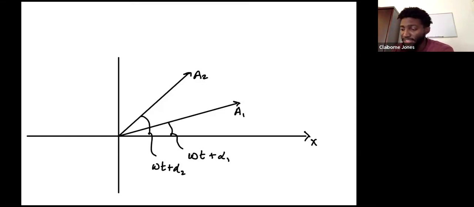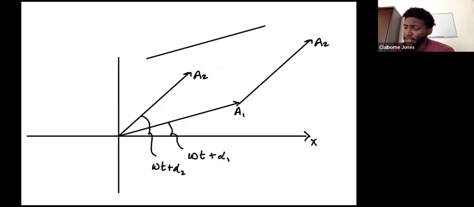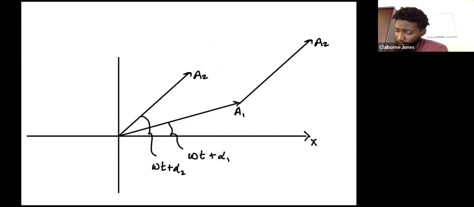From your classical mechanics class, you probably remember that if I take this A2 vector and place it on the tip of A1, my resultant vector is going to go from the tail of A1 to the tip of A2.